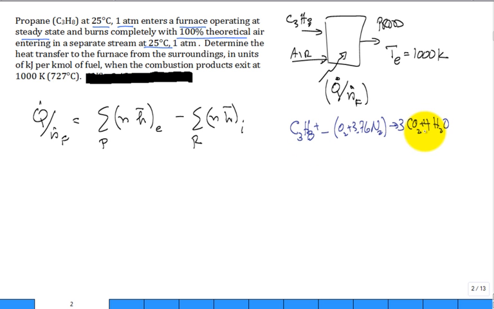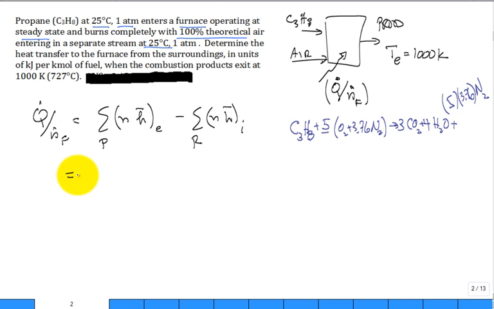So then we have 6 plus 4, that's 10. 10 divided by 2, 5 O2s are required. And so to finish it out, we have 5 times 3.76 N2s. Is that our balanced reaction equation? Yep. Okay, let's press forward then.